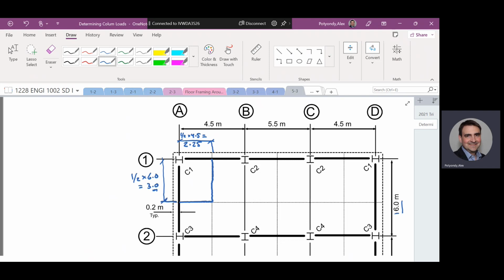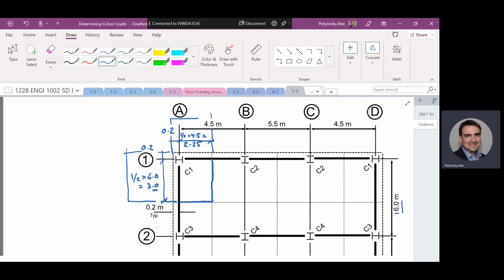All I need to do is add in that value. So here it's going to be 0.2, and here is going to be 0.2. So the tributary area for column C1 is going to be defined.